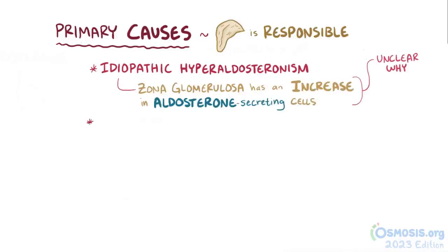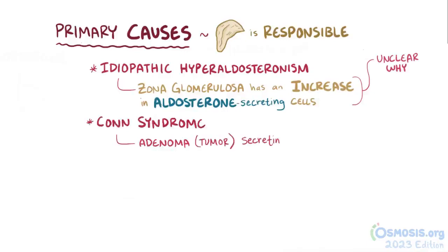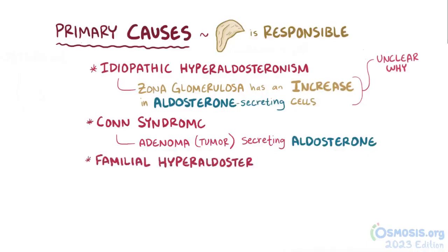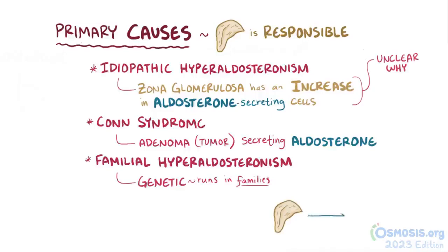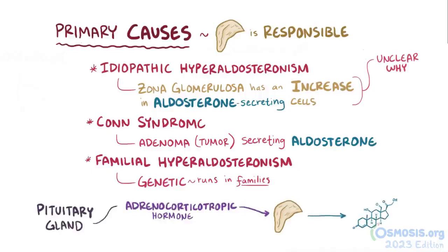The second most common cause is called Conn syndrome, and this is where an adenoma or tumor in the glandular epithelial cells secrete too much aldosterone. A third cause is familial hyperaldosteronism, and this is a genetic condition that runs in families, and it's where the zona glomerulosa cells inappropriately make aldosterone in response to adrenocorticotropic hormone, which is secreted by the pituitary gland. And this is in addition to responding to renin as normal.